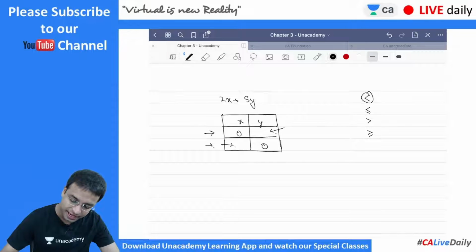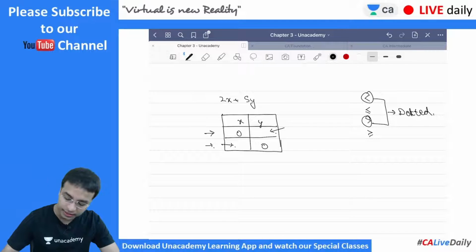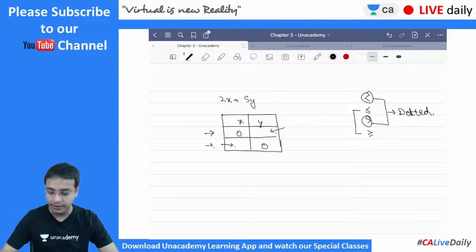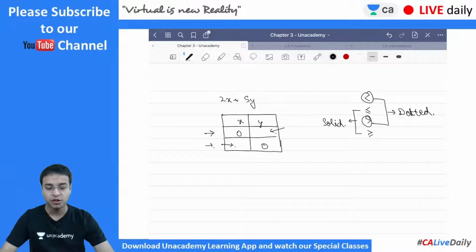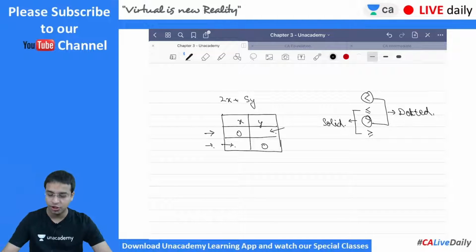Whenever we have a less than sign or a greater than sign, then the line is dotted. Whenever we have a less than equal to sign or a greater than equal to sign, then the line is solid. Then comes the shading part.